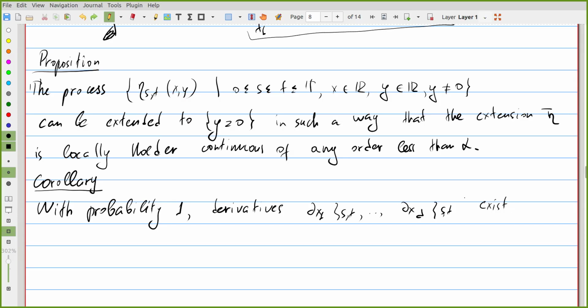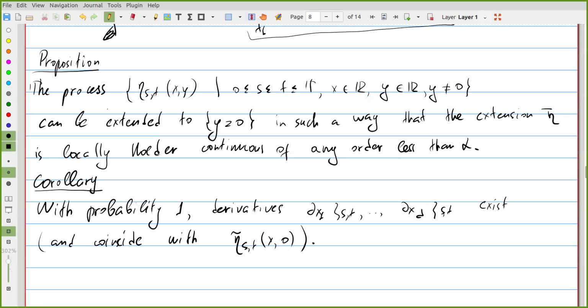Why? Because they coincide with eta tilde st x0. This is exactly these limits.